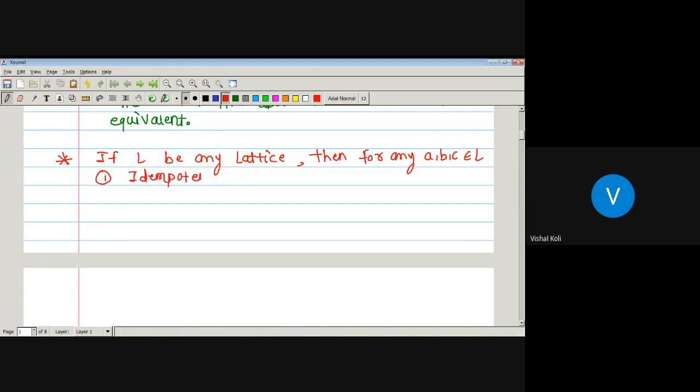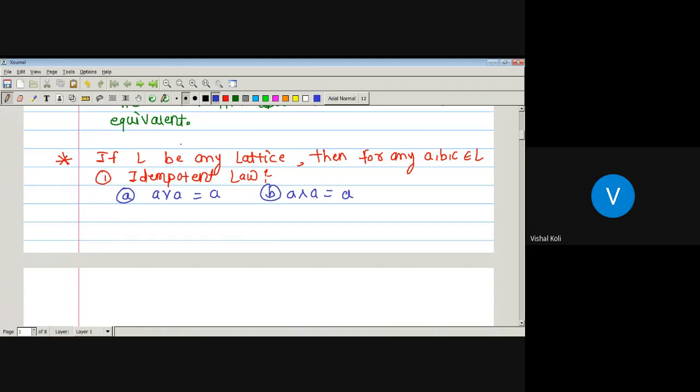We have actually seen the idempotent law in mathematical logic. It is the same as in mathematical logic. A join A will be equal to A, and A meet A will be equal to A.